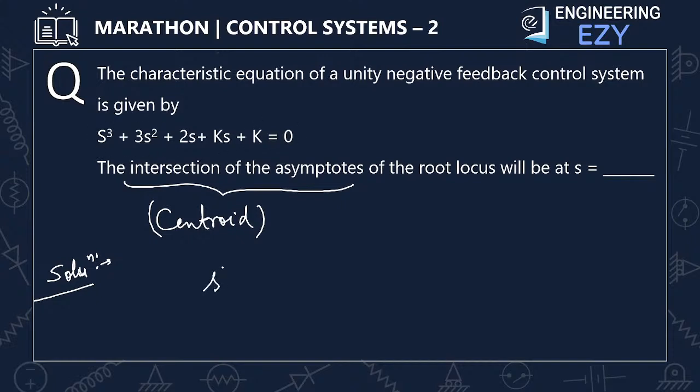So I am solving s cube plus 3s square plus 2s plus ks plus k. If I take k common, s plus 1 is equal to 0. And this equation is a characteristic equation.